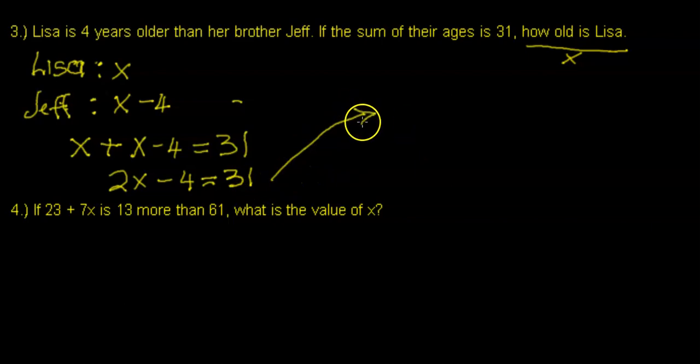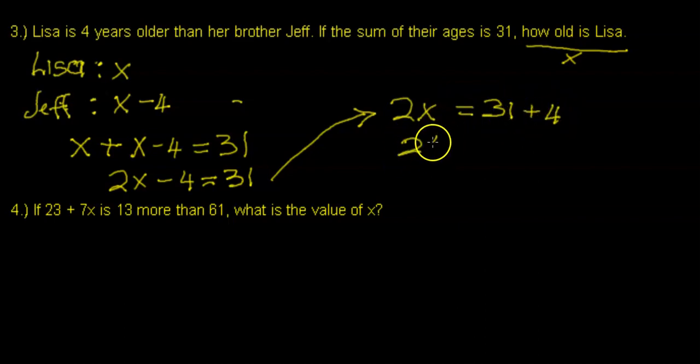I want to continue here. So we have 2x on the left side is equal to 31 plus 4, right? If you group like terms together, or if you add 4 to both sides of the equation to get rid of the minus 4 on the left side. So we're going to have 31 plus 4. So 2x is equal to 35.